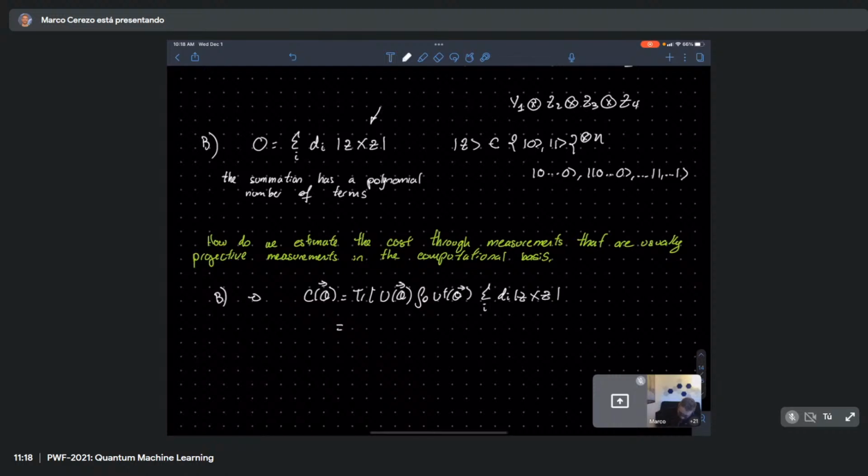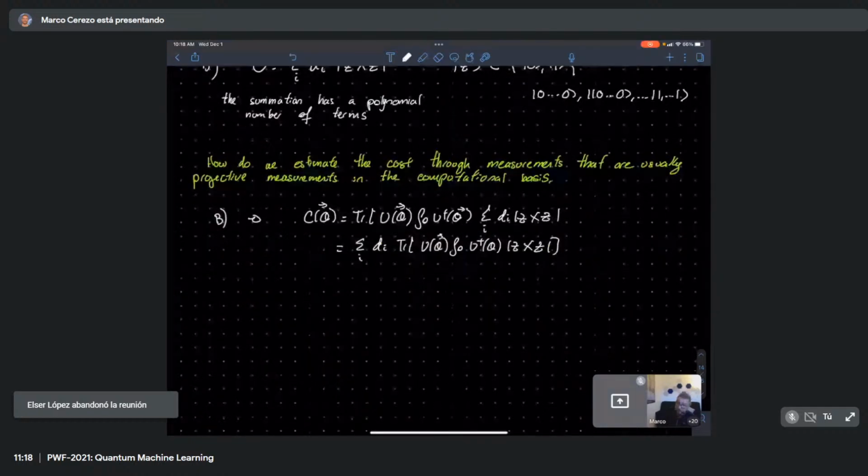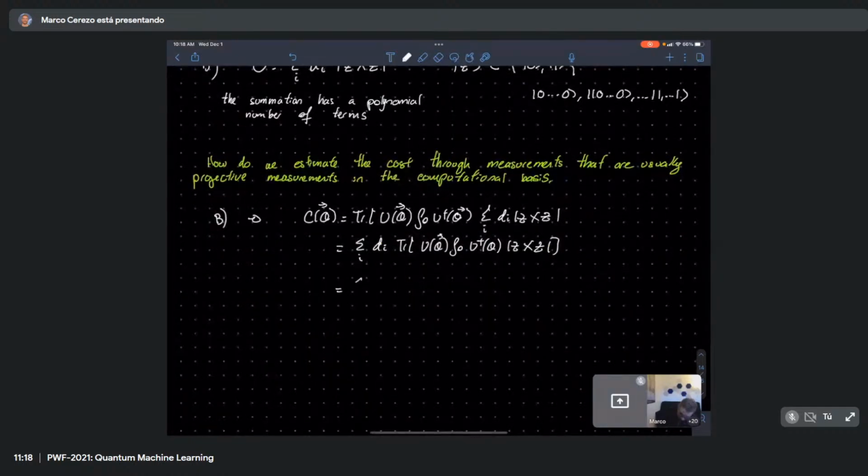We can, of course, take the summation out, again via linearity of the trace, with U of theta, rho 0, U dagger of theta, and the projector. And we already know that the trace with a projector is just the expectation value over that projector.